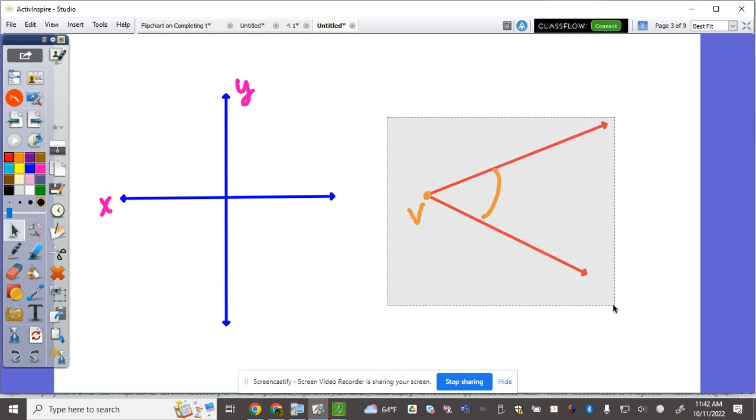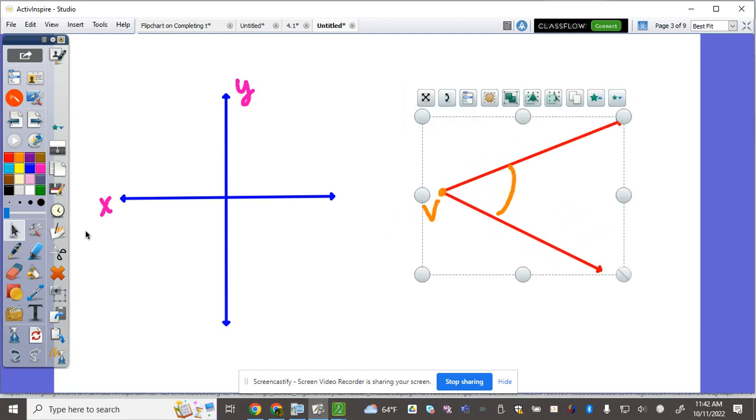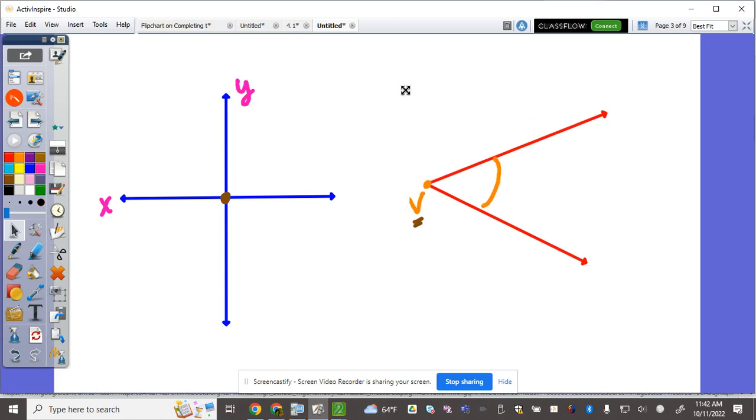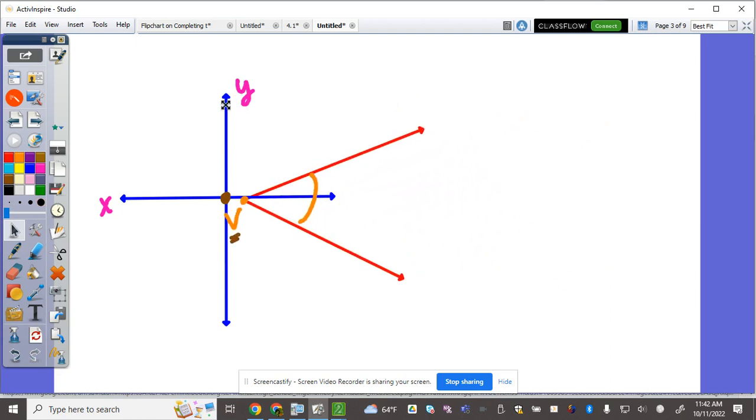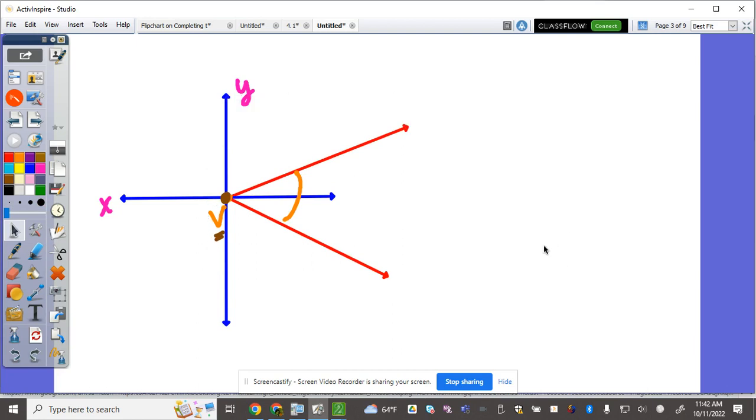Imagine that this angle goes to your x and y plane, or basically this vertex here will go to the origin. This is the origin, right? And it moves, moves, moves, boom, it hits over there. Now you have your angle on a Cartesian plane.